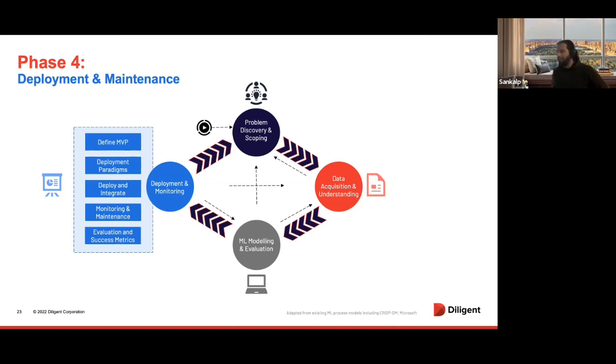For example, are you going to build a batch or an offline prediction system, which is not necessarily real time? Or are you going to use something like microservices with a REST API to serve online real-time predictions? Or maybe you just want to embed your machine learning model into an edge device, like a mobile device, right? So these are the different deployment paradigms that you'll have to make some business decision on as you're trying to build your MVP.